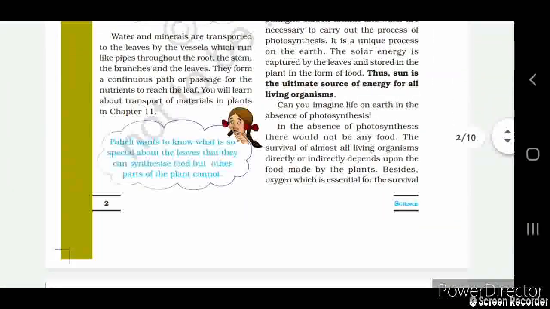Water and minerals are transported to the leaves by vessels that are like pipes, from the root to the stem, the branches and the leaves.